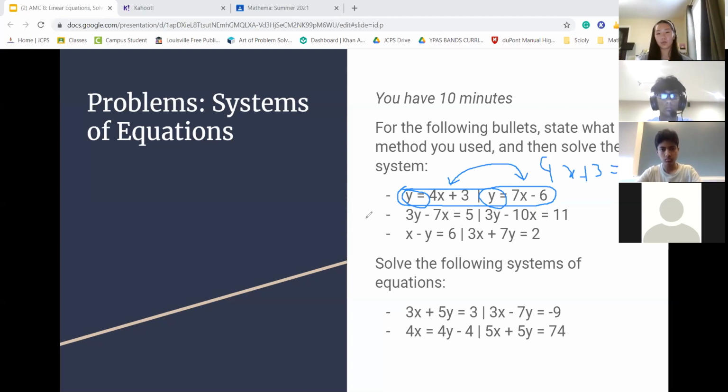What about the second one? What would you use? Okay, so I see an elimination. If 3 more people just want to take a guess, even. Okay, so 2 eliminations.